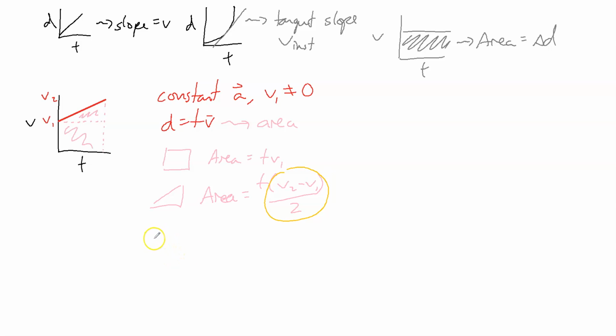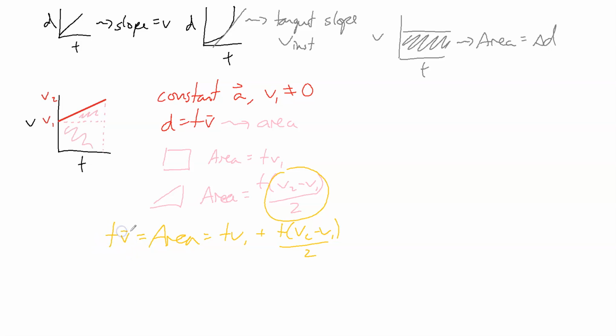For example, if we did the total area all together, that would be t v1 plus t times (v2 minus v1) all over 2. I'm going to multiply this out a little bit, bring the 1/2 in front. We know this is going to be equal to d.